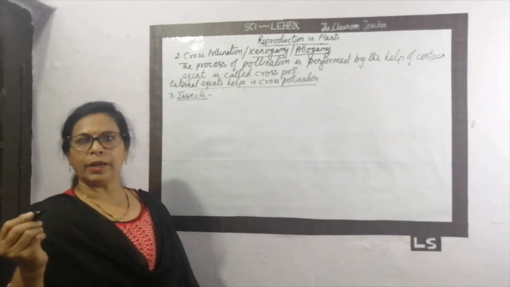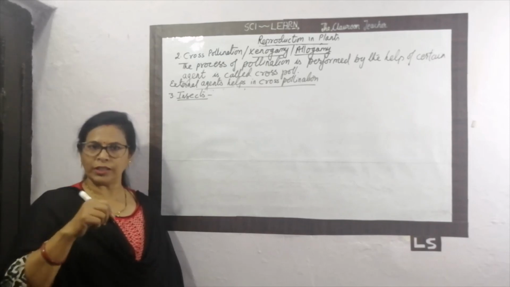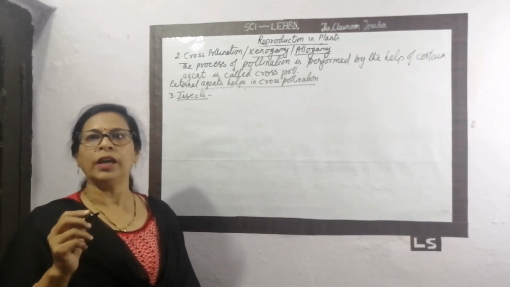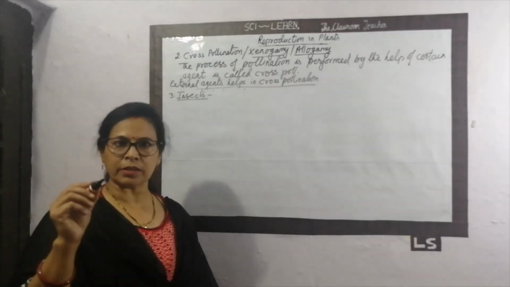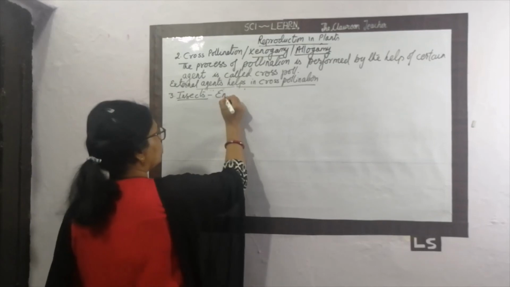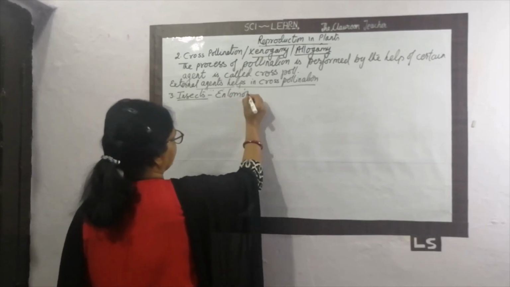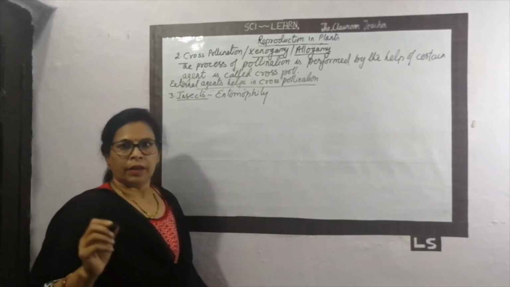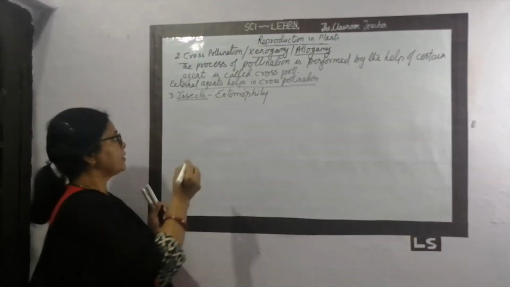Now, what type of pollination? The pollination which is carried out by insects is called entomophily.